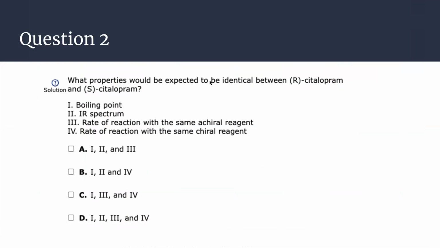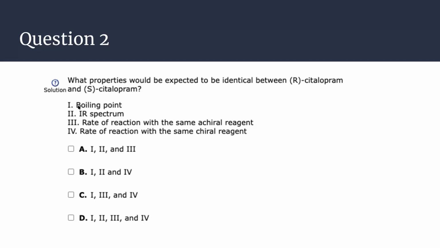Okay, so I'm not sure if we've gone over enantiomers, but those are non-superimposable mirror images of each other. They're just different in one stereocenter. So they actually have the same identical chemical and physical properties. So that would make 1 and 2 correct.